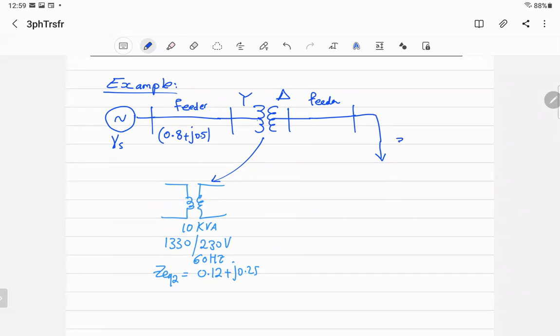And the load is a three-phase load, 230 volts, 270 kilovolt-amps, that's the apparent power, at 0.9 power factor. And the feeder has impedance equal to 0.003 plus j0.015 ohm per phase.